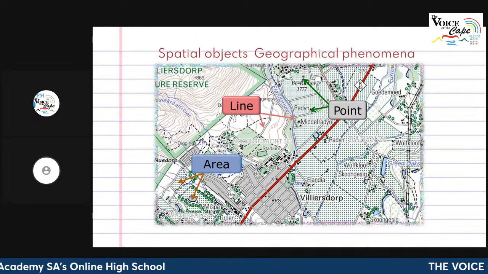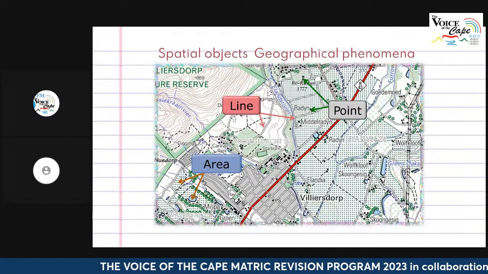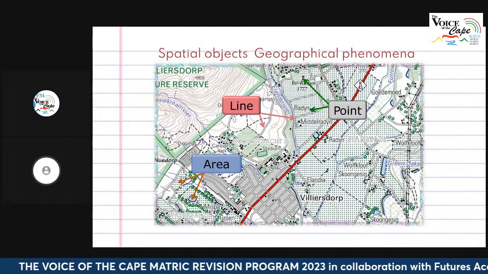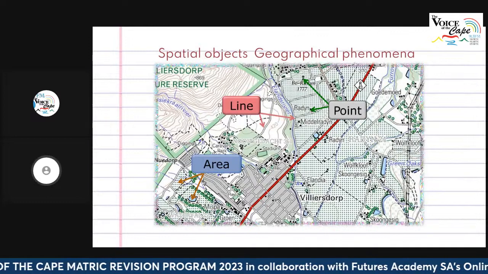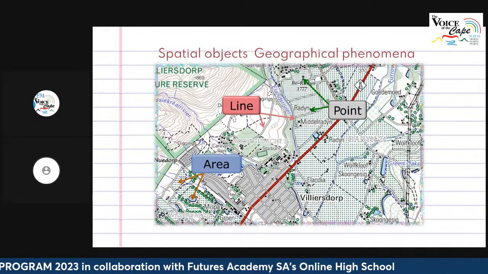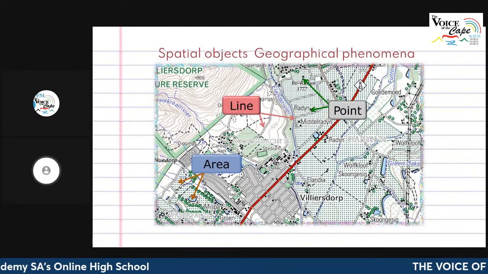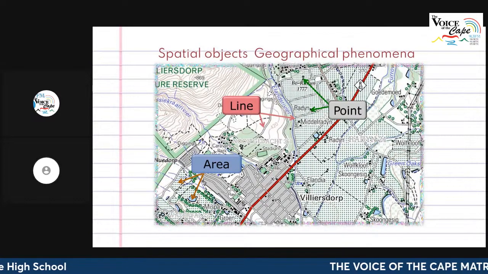Your lines on this particular map is your Aalia Kara, which is your river system, and your secondary road, which is the white and outlined in black. Your areas on this particular map would be your dam, which is your semicircle area, and your piece of cultivated land, which is the one that is symbolized by dots, and the background is almost green in color.